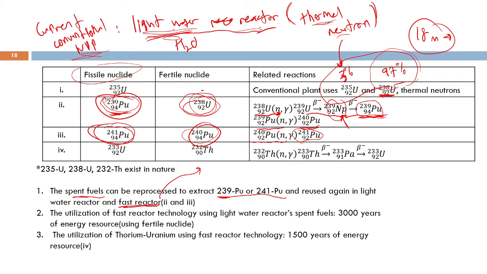But the concept of the fast reactor is that rather than thermal neutron, it utilizes fast neutron. So in fast reactor technology, with the utilization of fast neutron, you can use the balance of uranium-238 as well as the produced plutonium-240 to make them fission, and harvest the energy.